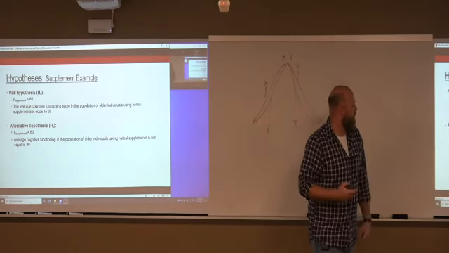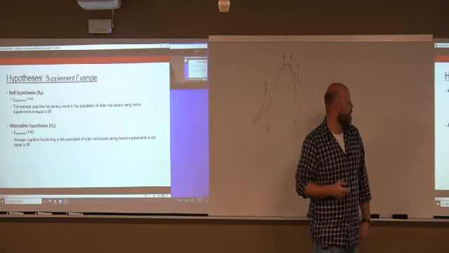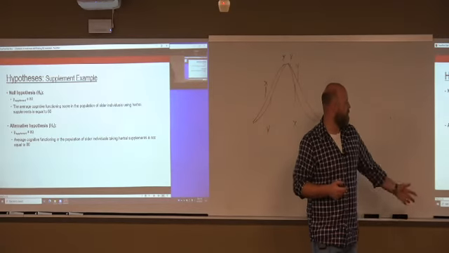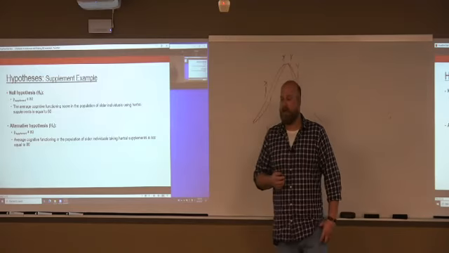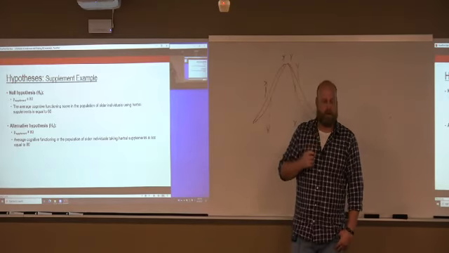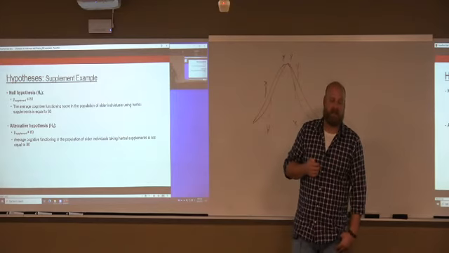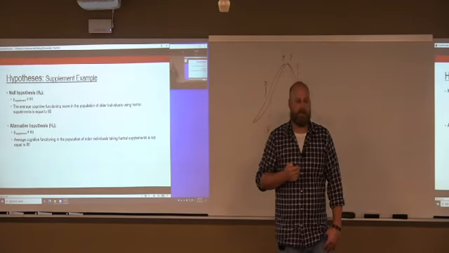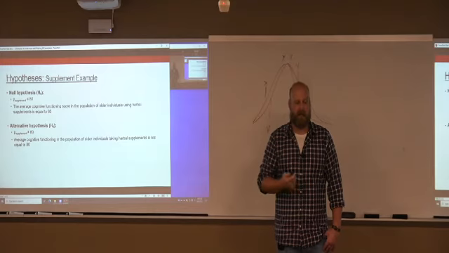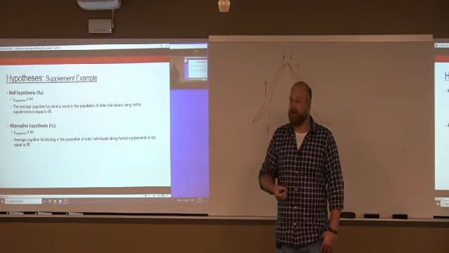Am I okay if you say the average cognitive functioning score in the sample of individuals using herbal supplements is 80? Do I like that? Why don't I like that, Danielle? I don't care about the sample, right? Do I need a statistical test to tell me if my sample mean is 80? No, I just look at it. If it's 80, then it is. If it's not, it's not, right? I don't need to run a statistical test on the sample.